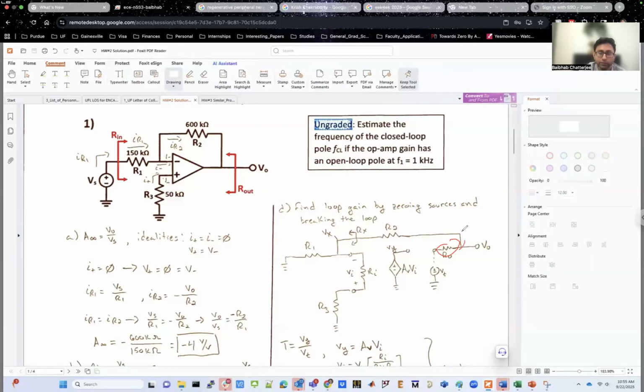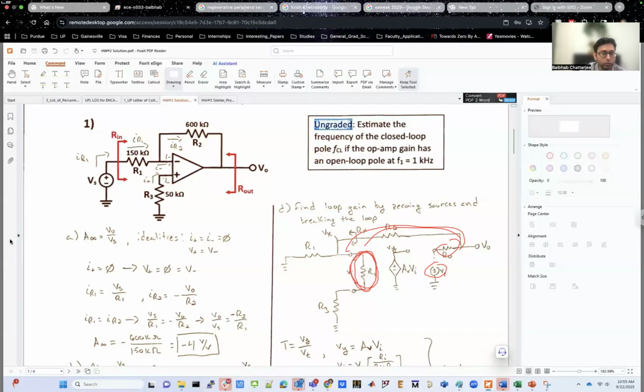And then you traverse your way back toward the input side until you eventually find what portion of this test voltage VT is available back at the input side, between the negative and positive terminals of the op-amp. So basically between these two terminals, right? That's what you're trying to find out.